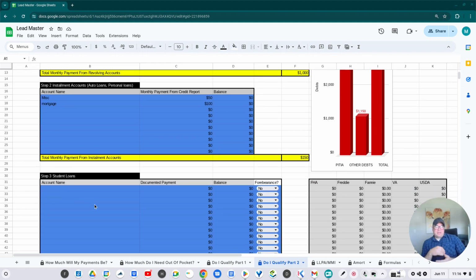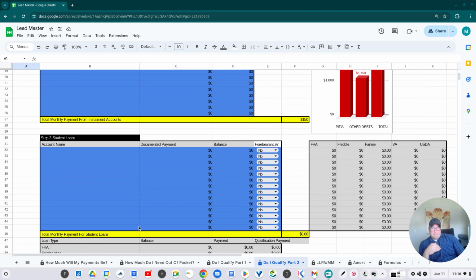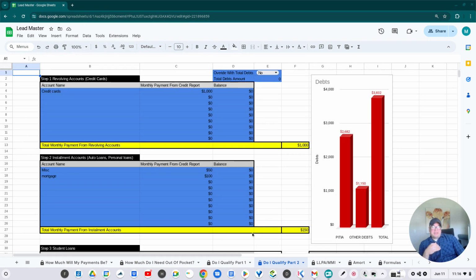Again, if you have student loans, I strongly suggest scheduling a meeting because there are a lot of factors involved in what counts, depending on loan type. Basically, the summary of this part 2, calculating debts, is I'm going to most likely put the information you gave me.